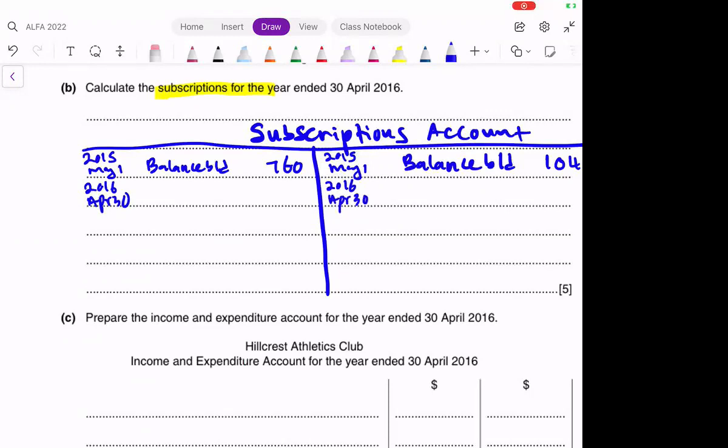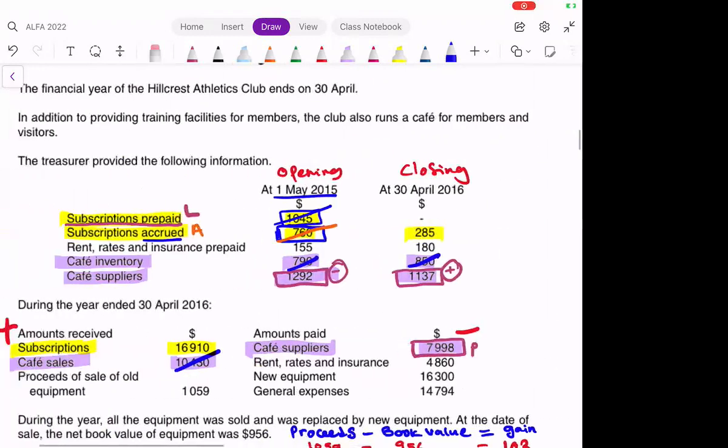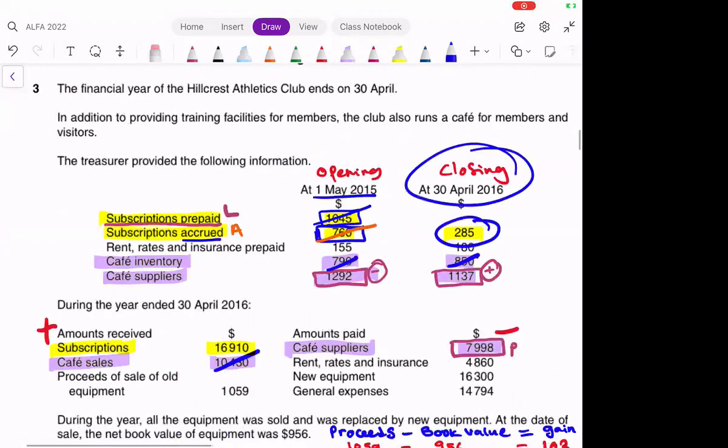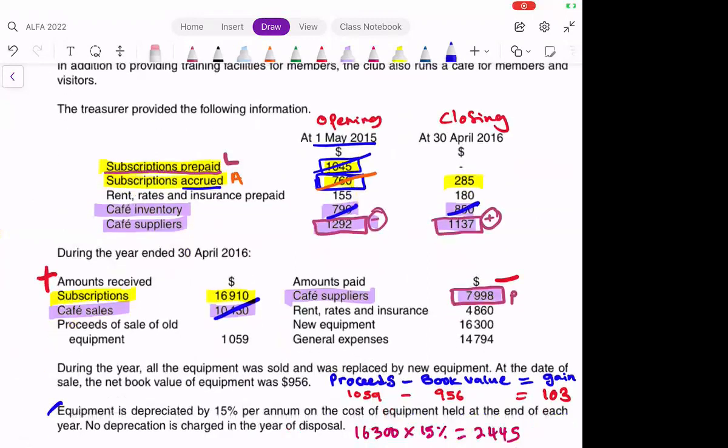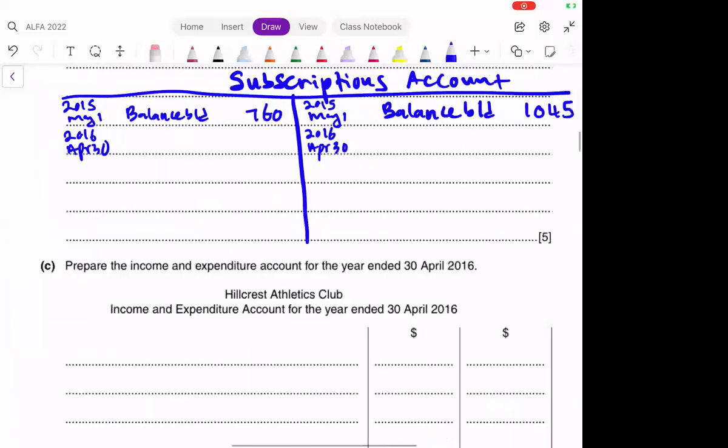After that, do you have anything related to subscription? This one we done. This is the balance CD, the last one we put. Wait first. After that, subscription in the subscription account, subscription in the bank account. Debit. If here debit, then in subscription it will be credit 16910. Here debit means here will be credit.